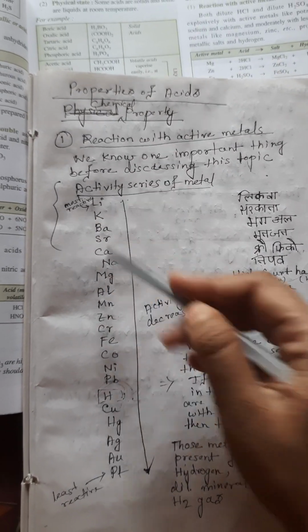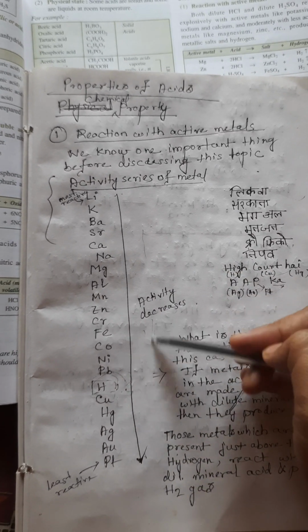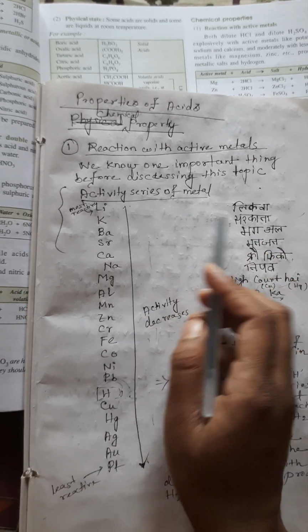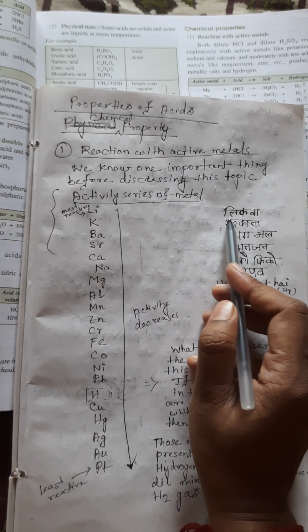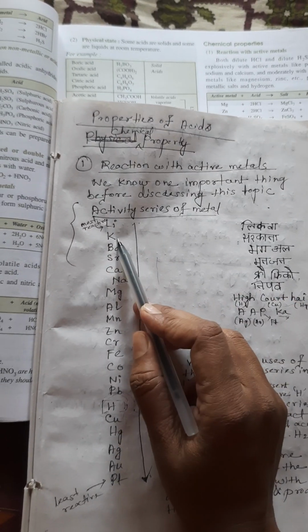From up to down, the activity of these metals is decreasing. Is this clear?